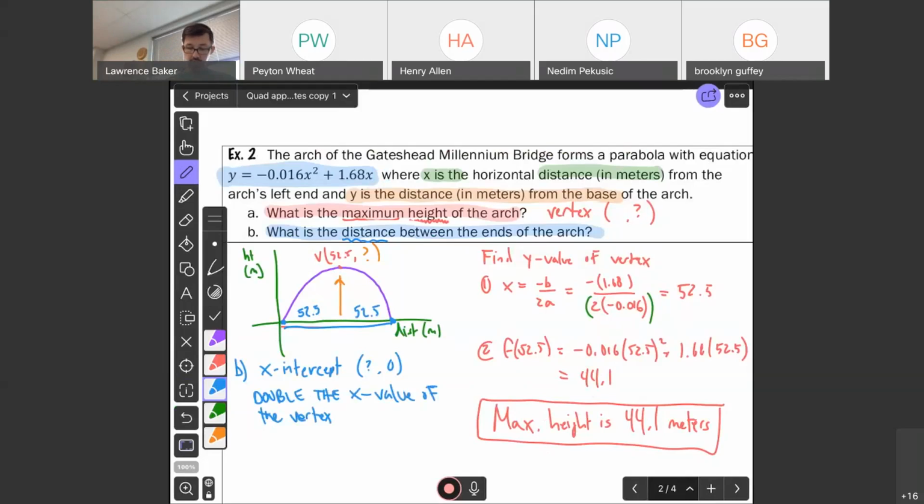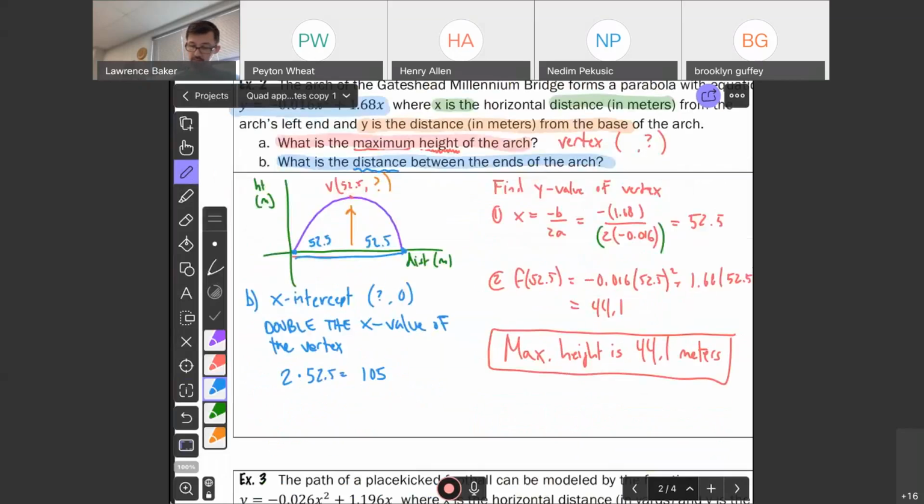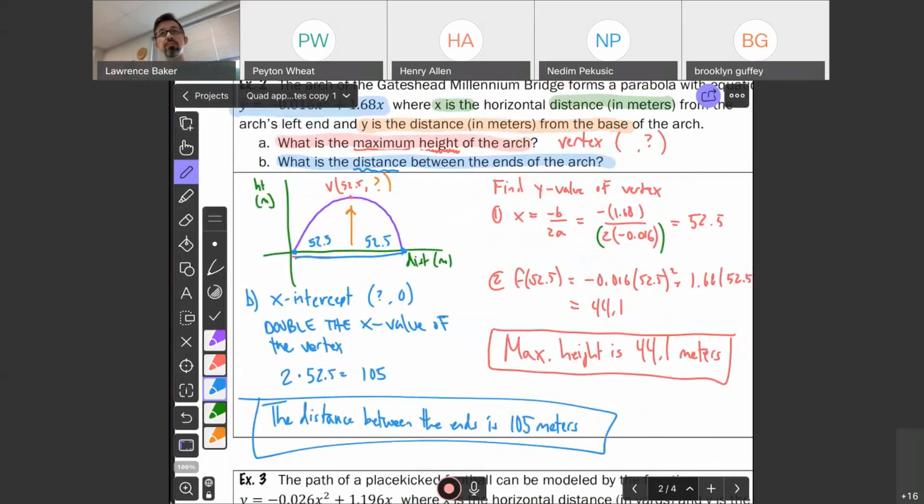So we're going to take 2 times 52.5, which is 105. Short sentence.